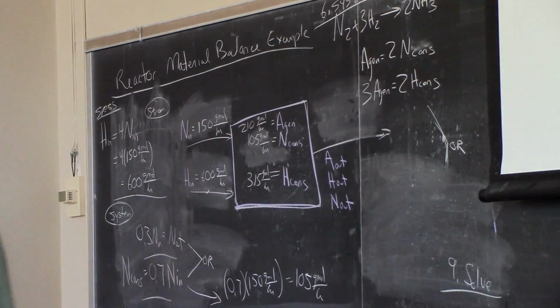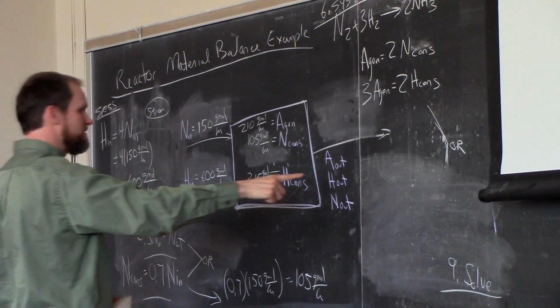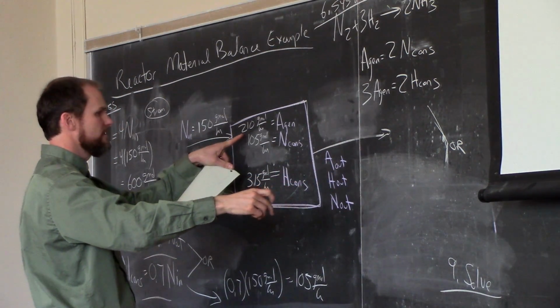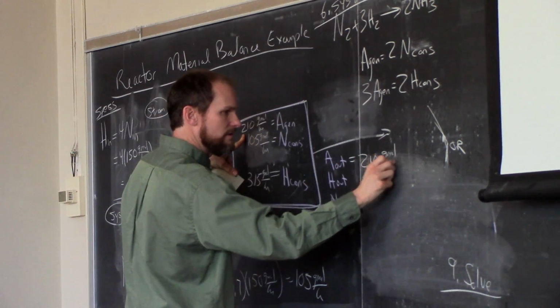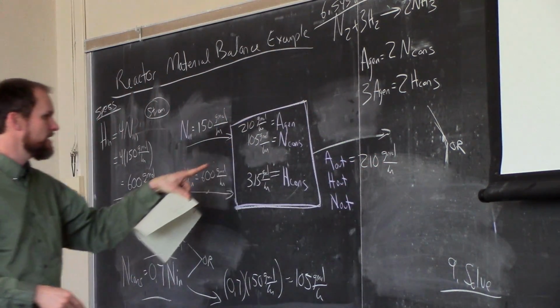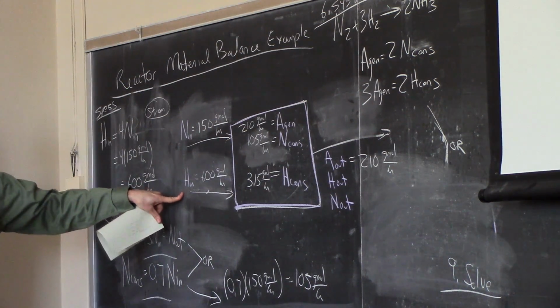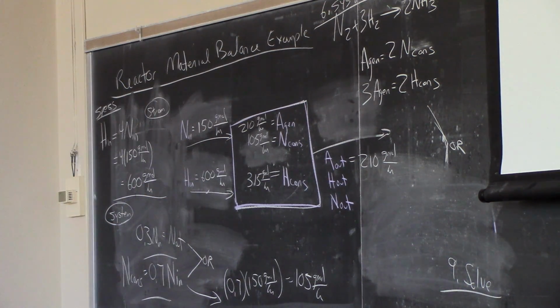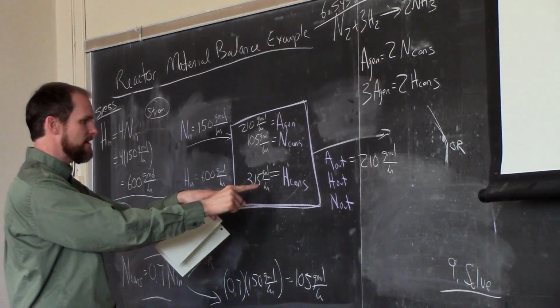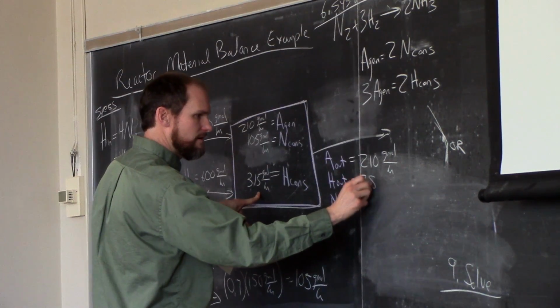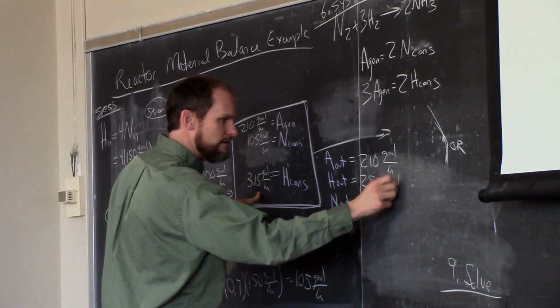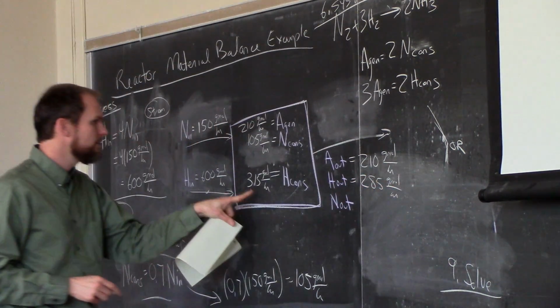That's all over there, right? Material balances, the outs, the ins minus the consumed. So A out is the same as A consumed, 210 gmol per hour. H out, from my material balance, H in is 600 minus the H consumed is 315, so the H out is 285 millimoles per hour.